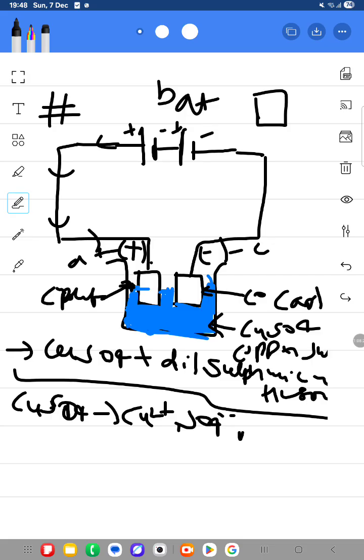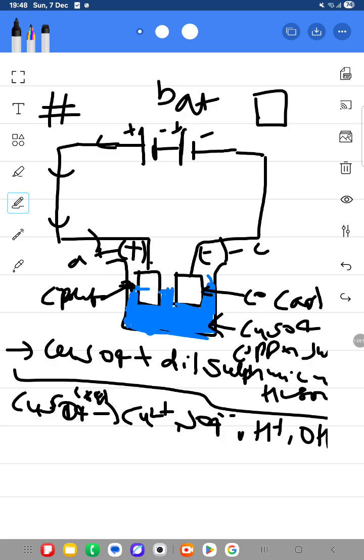Aqueous means it contains water. So the water will also break, that is, H+ and OH-.